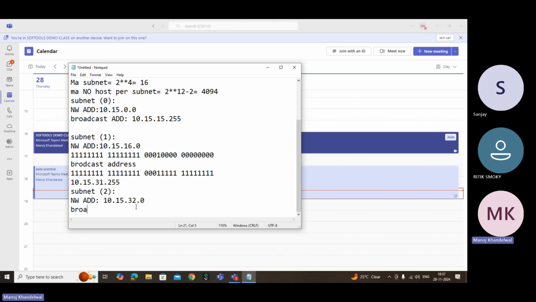We have to make this in binary form, because we need it, right? 1, 2, 3, 4, 5, 6, 7, 8. 1, 2, 3, 4, 5, 6, 7, 8. Now 32 it will be.